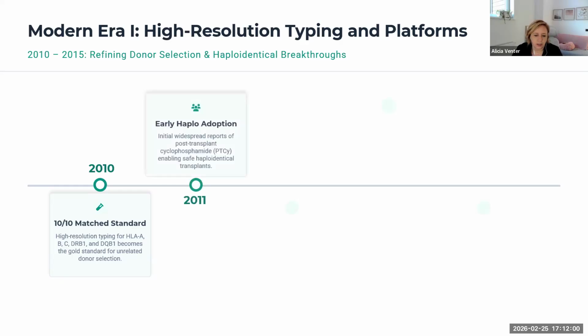But then also shortly after, early haploidentical transplantation platforms emerged, including T-cell depletion and the use of post-transplantation cyclophosphamide. Next generation sequencing in HLA typing also enabled true high-resolution HLA typing at allele level, revealing additional mismatches missed through earlier methods.